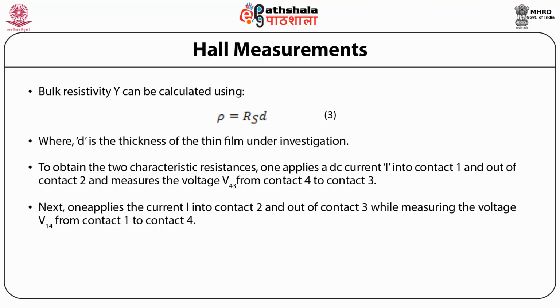Next, one applies the current I into contact 2 and out of contact 3 while measuring the voltage V14 from contact 1 to contact 4. Ra and Rb are then given by Ra equals V43 by I12, Rb equals V14 by I23.